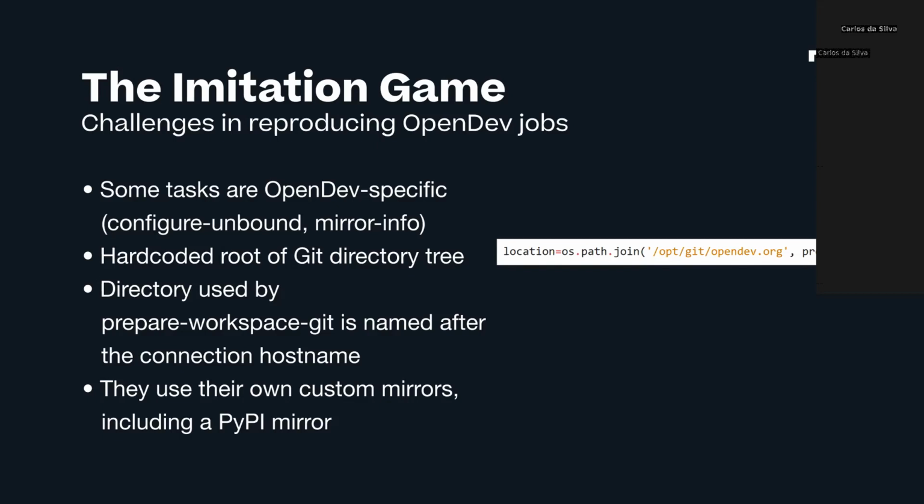And one big problem that we had was that in some elements from disk image builder and in some playbooks also, you sometimes find hard-coded strings that are OpenDev specific.